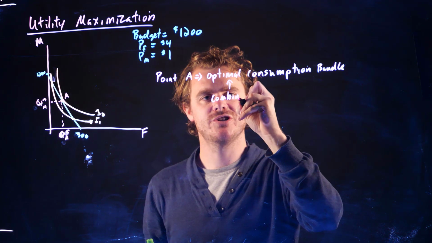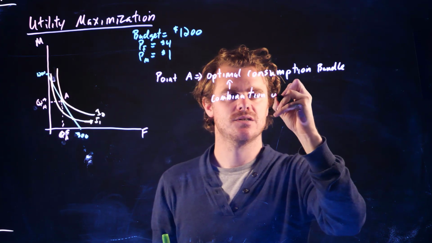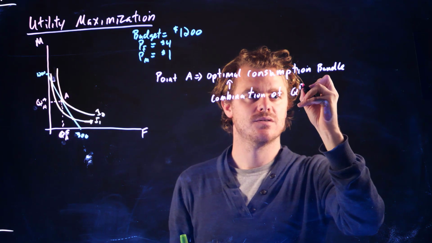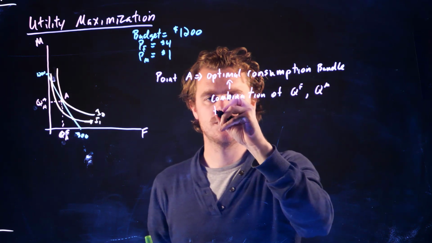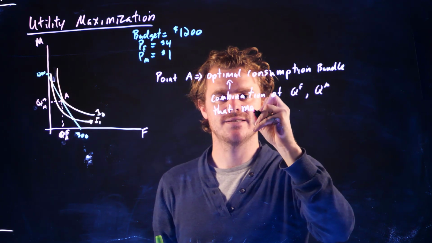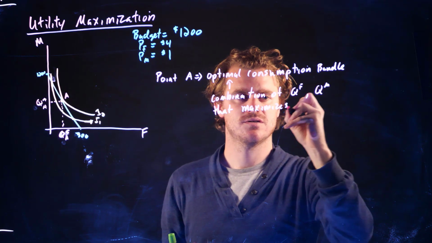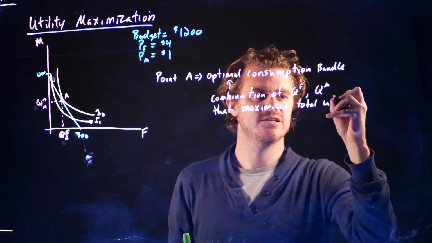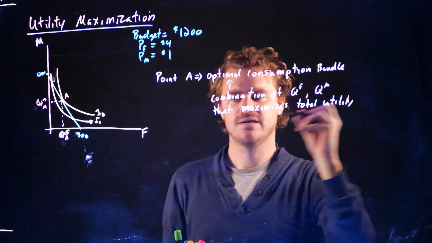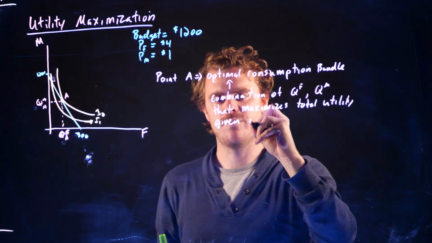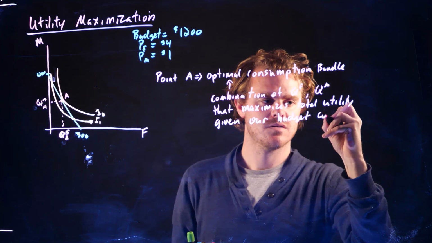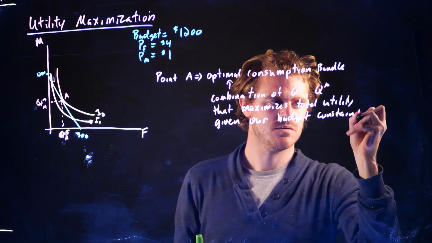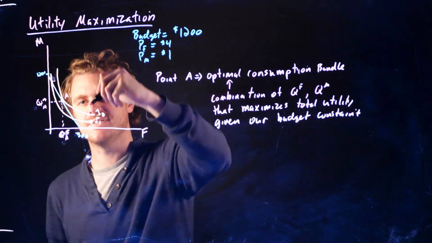So it's the combination of goods of QF and QM that maximizes total utility given our budget constraint. And there are more indifference curves out here.